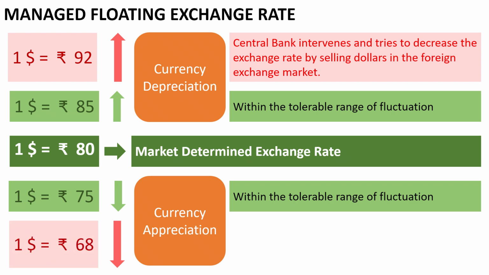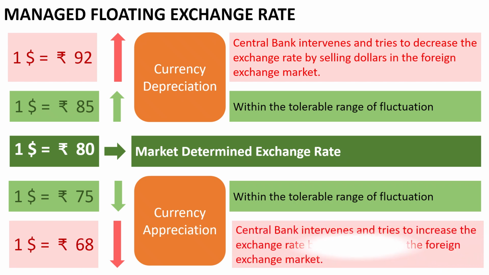Similarly, if the exchange rate falls further to $1 is equal to 68 rupees, it leads to extreme currency appreciation, and once again it calls for intervention of the central bank. So the central bank intervenes and tries to increase the exchange rate and bring it up to the tolerable range.